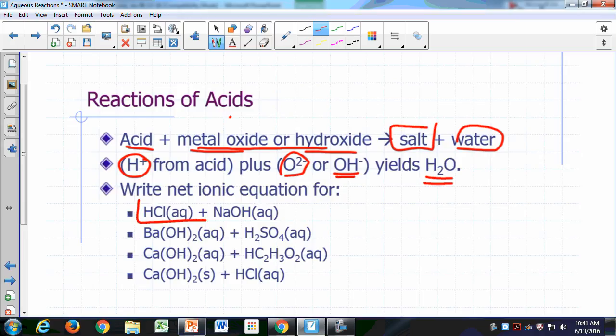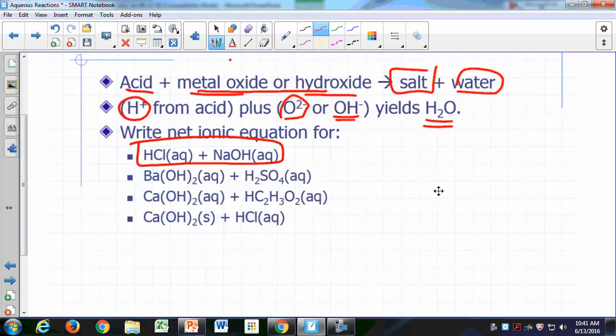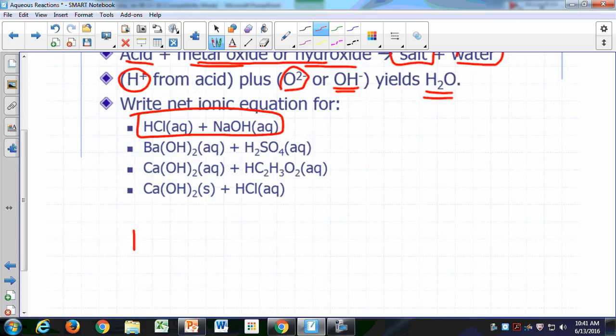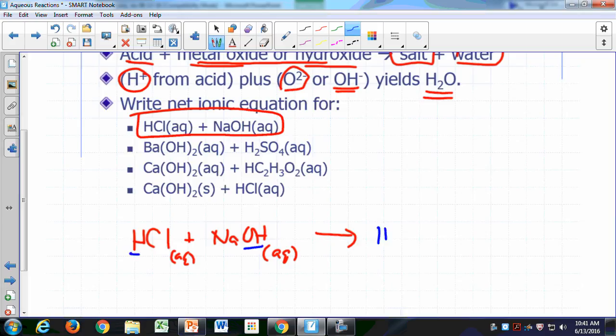So let's take a look at this example right here. HCl aqueous plus sodium hydroxide yields, well, you see the H plus here and the hydroxide there will give you HOH or H2O. That's water, and the water molecules you make will just join the rest of the solvent. So we put an L there because the solvent is a liquid.